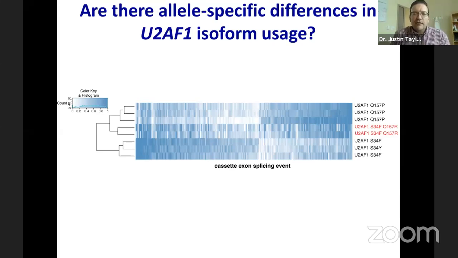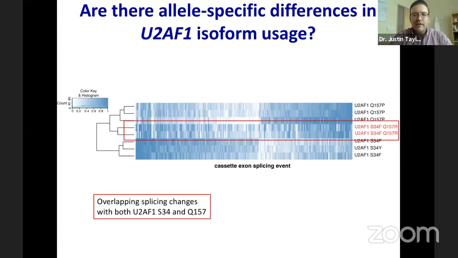We did have bulk RNA sequencing for both of these cases, and we compared that to some of the bulk RNA sequencing from patients with either the S34 alone or the Q157 alone. And you can see here the double mutant patients in the middle have overlapping splicing changes with both of those categories.